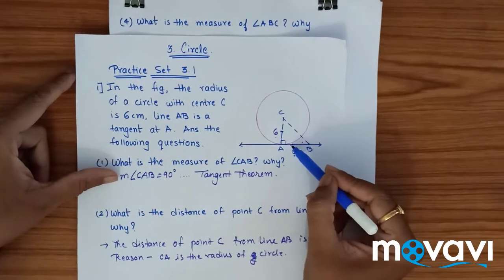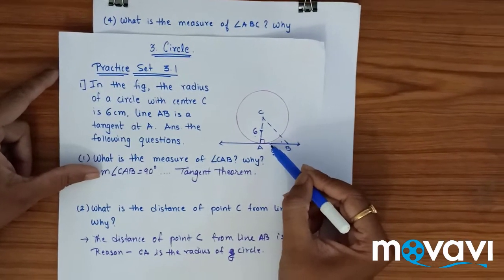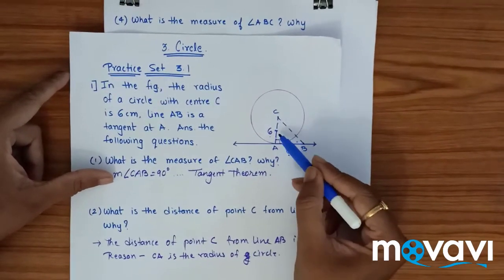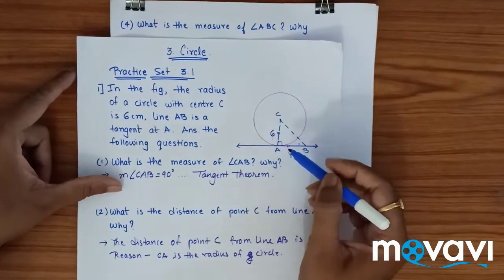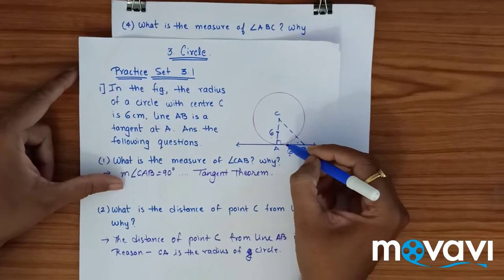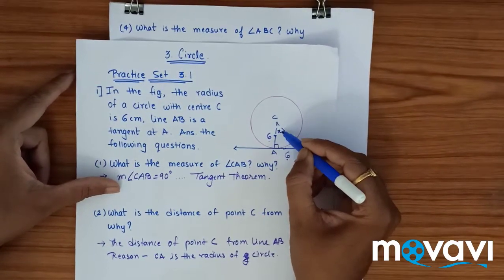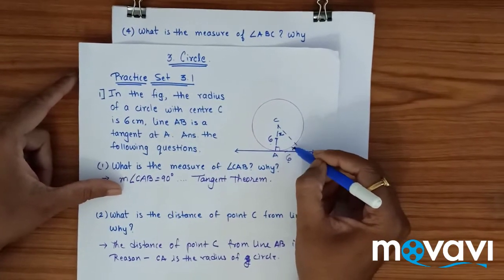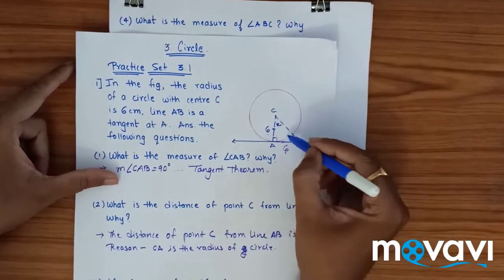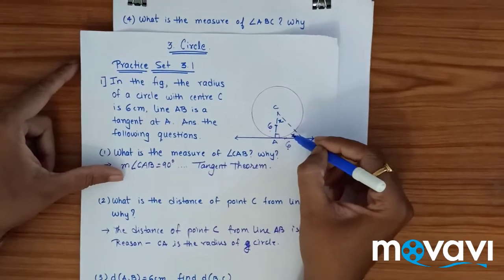Okay. Now if this is an isosceles triangle, the angles opposite to the congruent sides are equal, meaning the angle opposite to this side here and the angle opposite to this side, CA side here, they both are equal. Let us consider them as x. Means what?